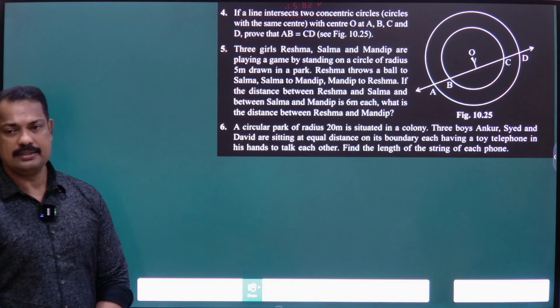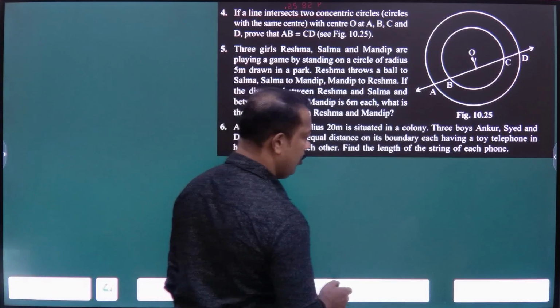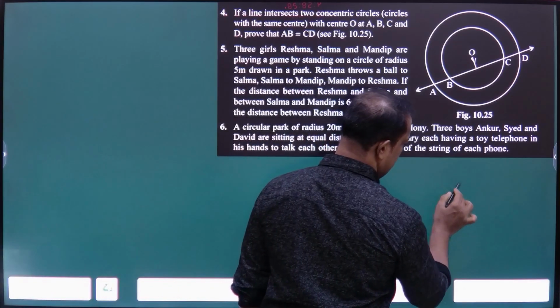Find the length of the side of the equilateral triangle.